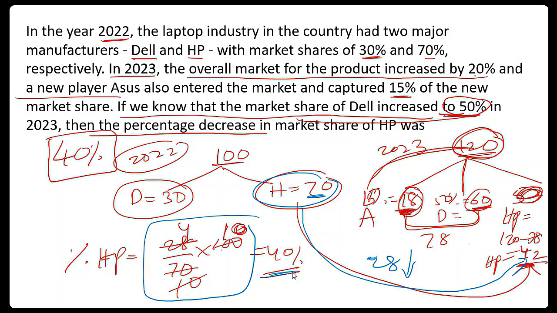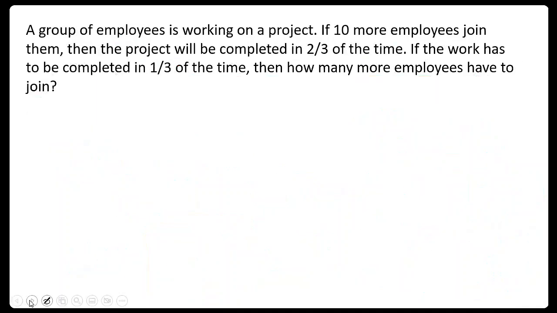If any of you have any query regarding my solution, let me know. Otherwise, we'll move to the next question. Clear? You agree? Right. Next question. Next one on the screen.